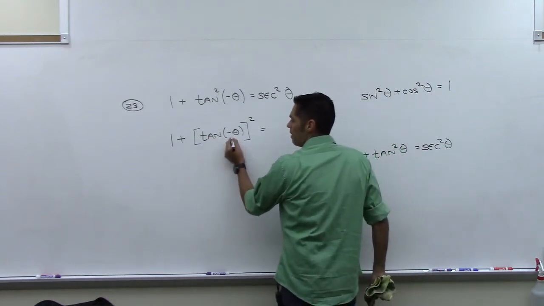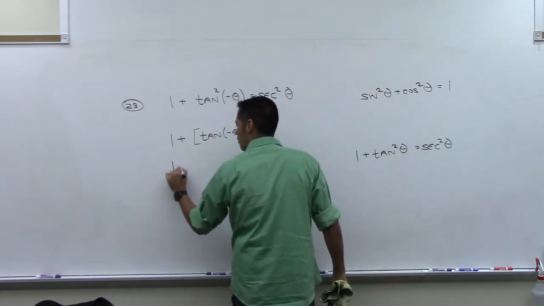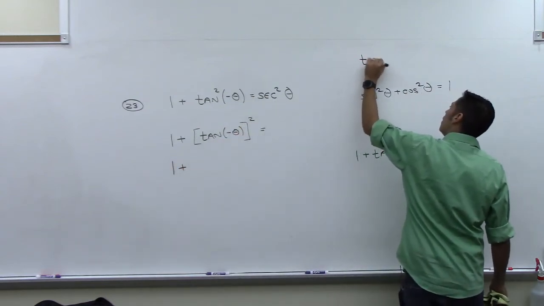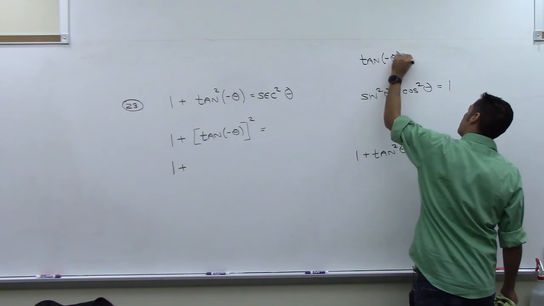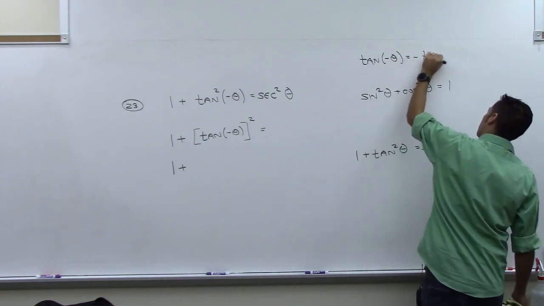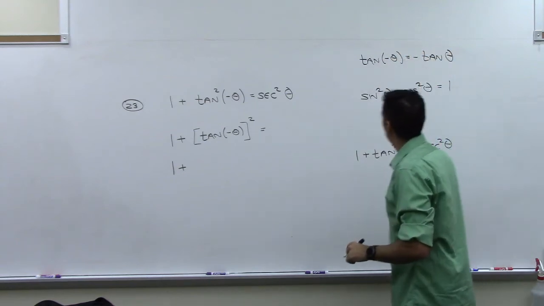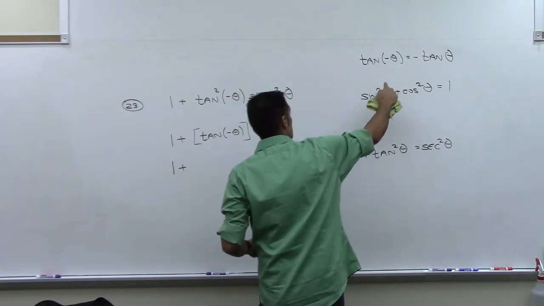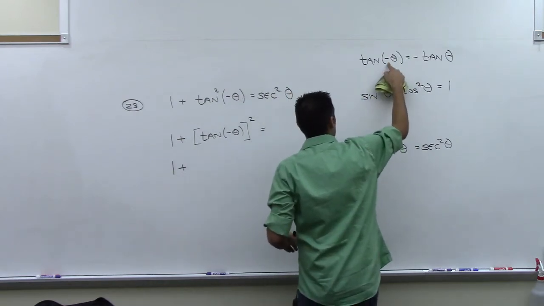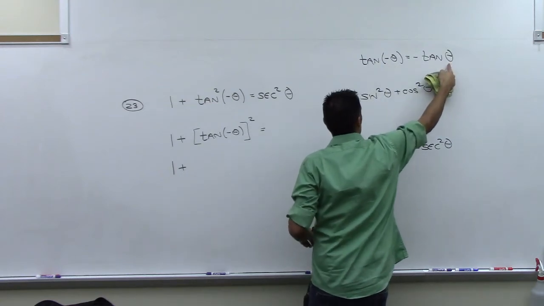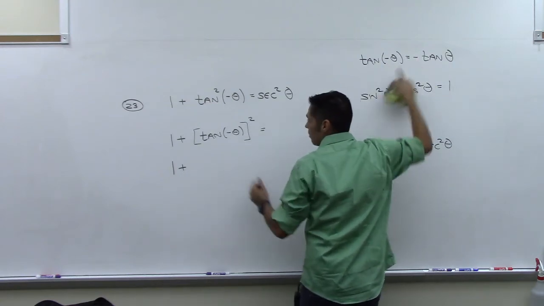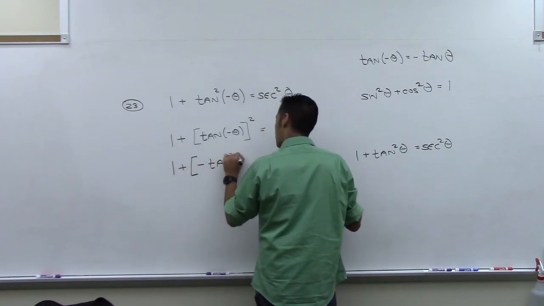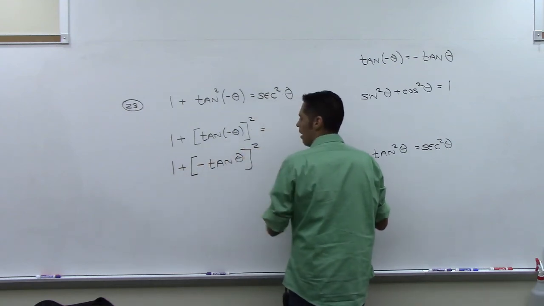Okay, this right here, we can use the odd property of tangent. We know that tangent of negative theta is equal to negative tangent of theta. All right, that we know from prior knowledge, even and odd properties, so tangent is odd. So if you plug in a negative, it's the same as plugging in a positive, but bringing a negative out. So this right here is equal to negative tangent of theta, but then that quantity squared.